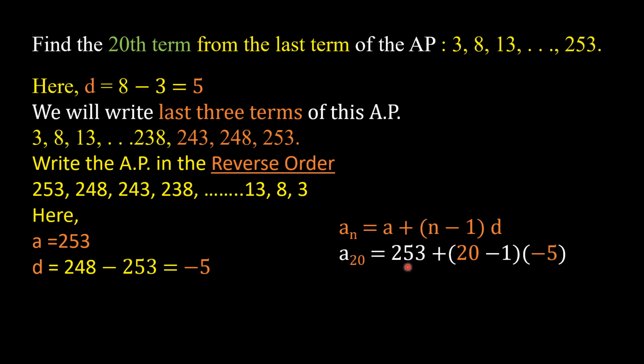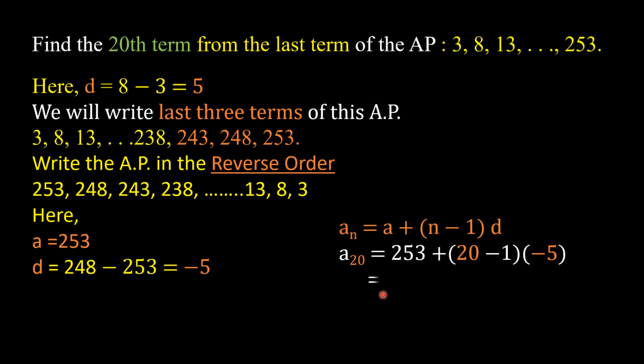We have to find the 20th term, so we will write a20 equals, we have a equals 253 plus, we have n equals 20, so 20 minus 1 multiplied by d, we have d equals minus 5.